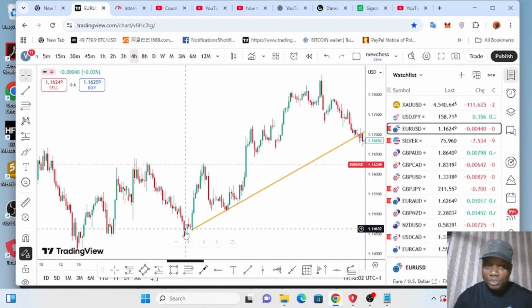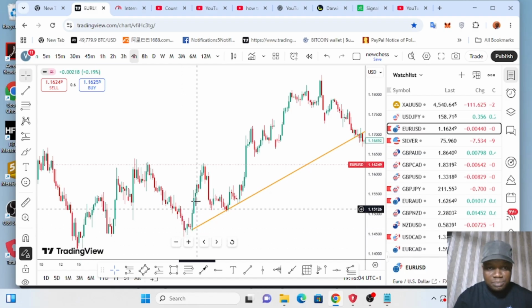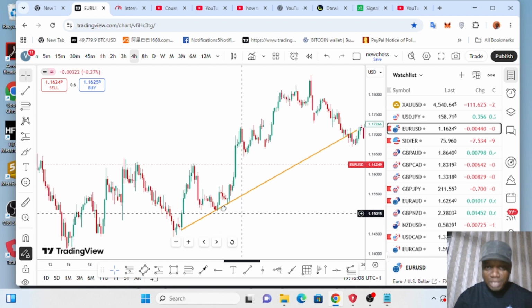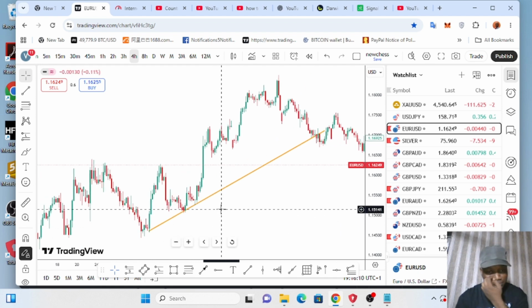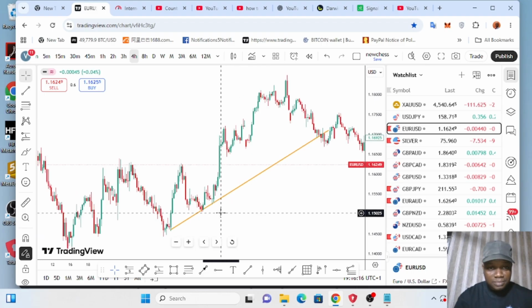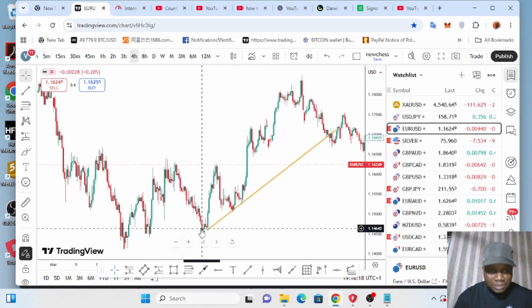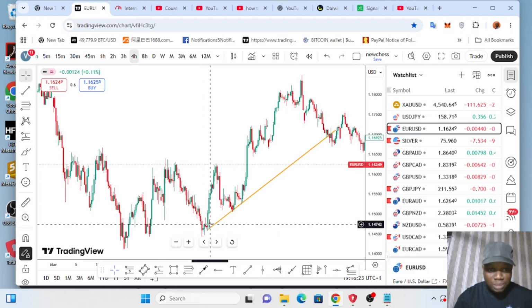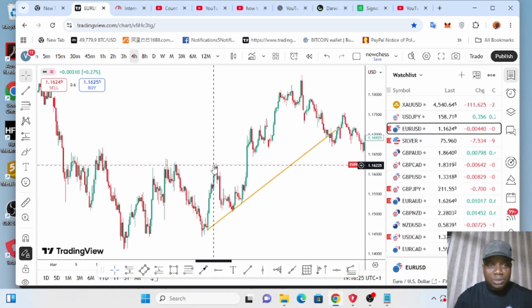Why? First of all, this movement has not broken any structure, even though this trend line looks so beautiful, so well drawn. To be sincere with ourselves, bear in mind that for the first point, try as much as possible for it to break structure.